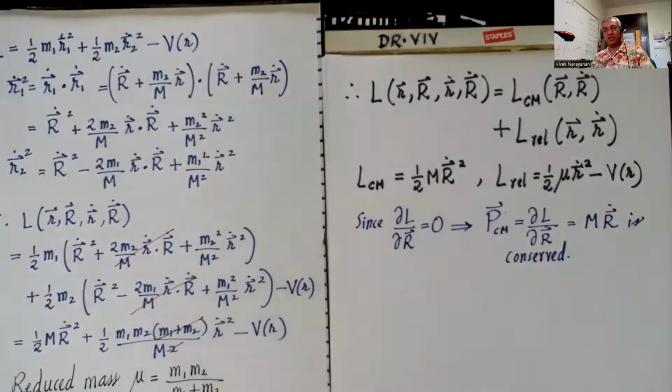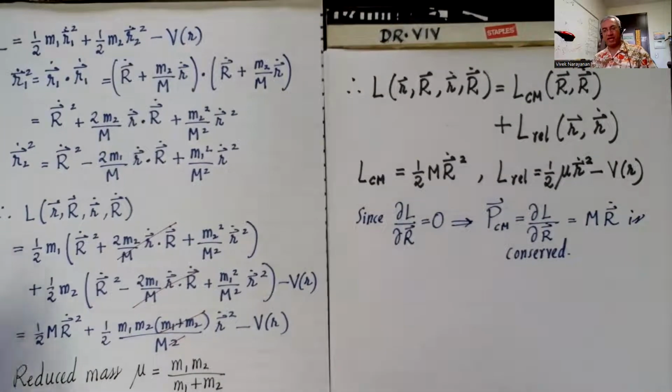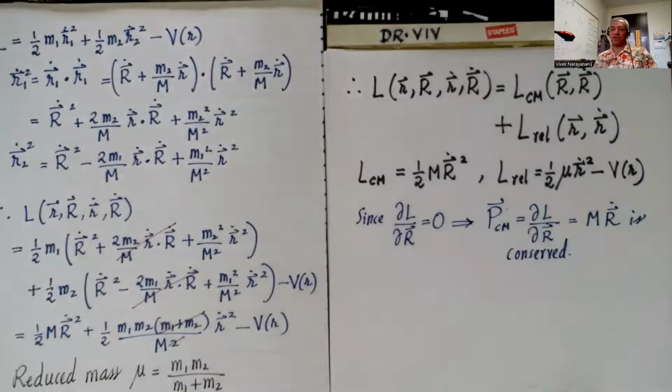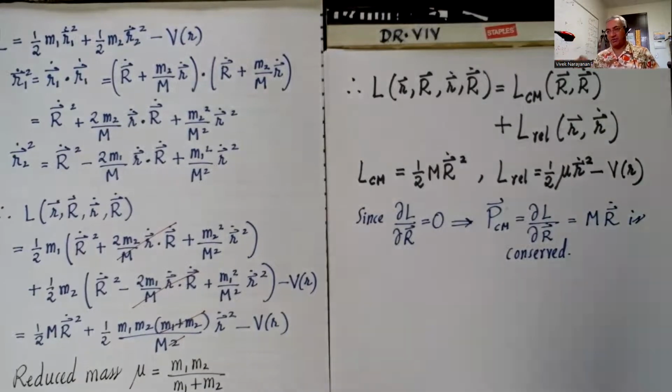Which means that to study the two-body problem or any planetary motion, you can remain in the center of mass frame. If you're stuck in the center of mass frame, you won't have to worry about the constant drift. For example, the solar system is drifting around the Milky Way galaxy. Well, it's not quite, linear momentum is not quite conserved because it's actually going around the central black hole of the galaxy.